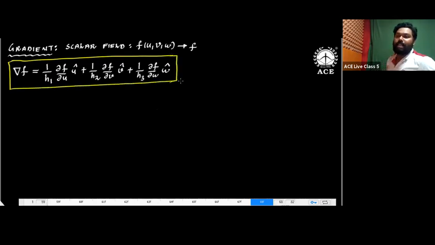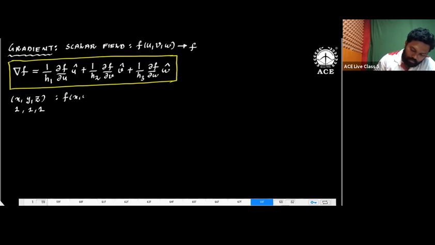I want to write it for the Cartesian, beta. What happens for the Cartesian? We know already. So here it is x comma y comma z. The scaling factors are 1 comma 1 comma 1. Clear? So the scalar is f of x comma y comma z.